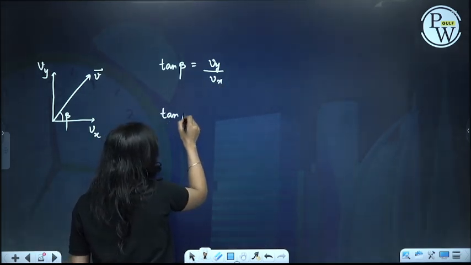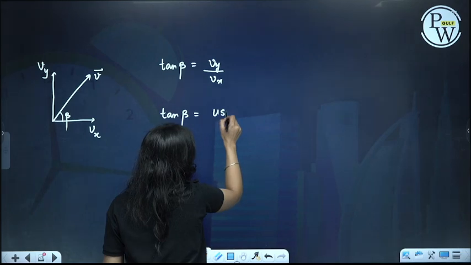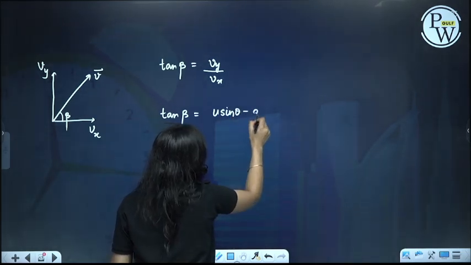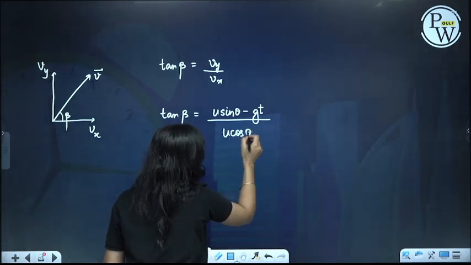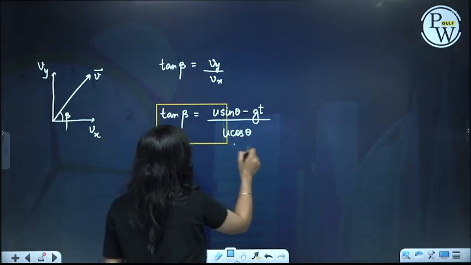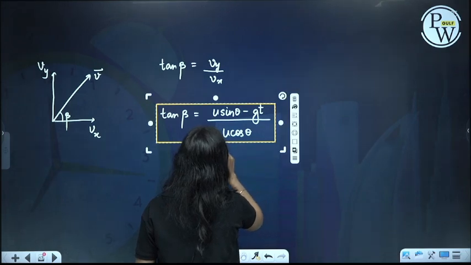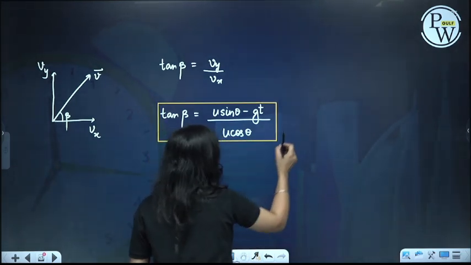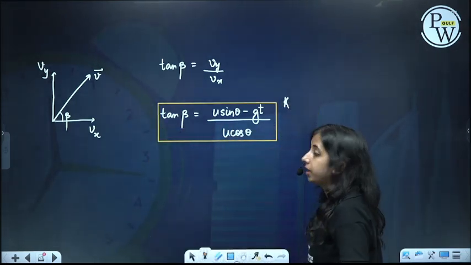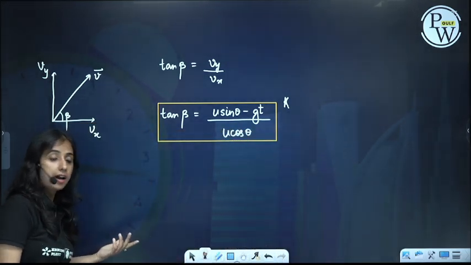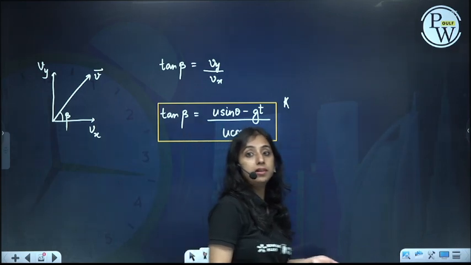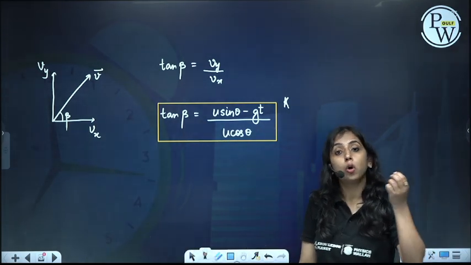From here, tan beta will be equal to u sine theta minus gt divided by u cos theta. This will be our tan beta, the angle made by the velocity at any time t. Angle with which direction? Horizontal.